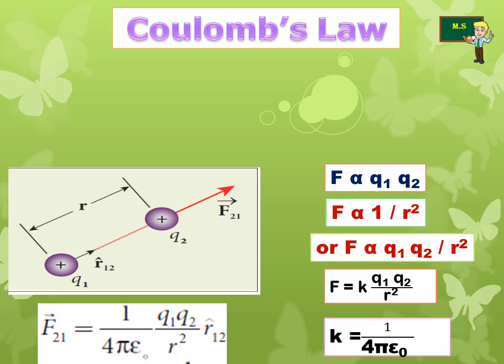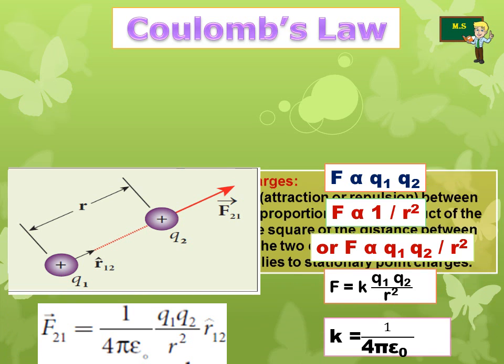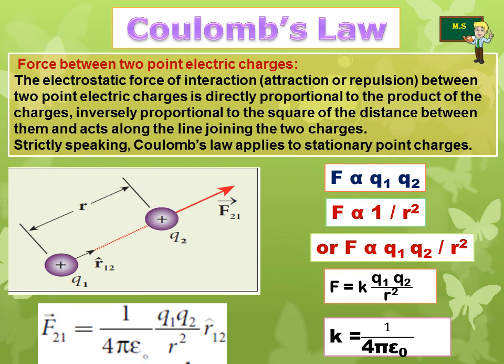Using all these terms we can state Coulomb's law: the electrostatic force of interaction, attraction or repulsion between two point electric charges is directly proportional to the product of the charges q1 q2, and inversely proportional to the square of the distance between them, and acts along the line joining the two charges.